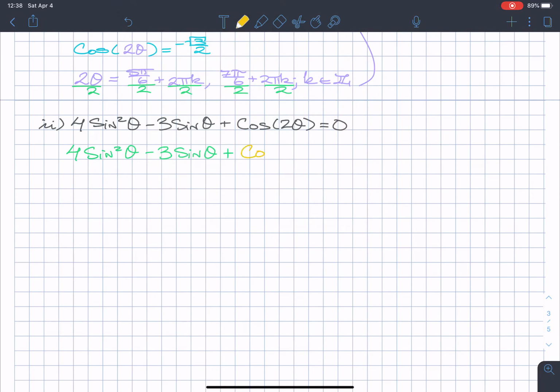Let me color-code this. Cosine 2 theta is equal to 0, because I'm going to rewrite cosine of 2 theta using the double angle identity. So it's going to be cosine squared theta minus sine squared theta, what I had above, right? The double angle formula for cosine, one of the 3.